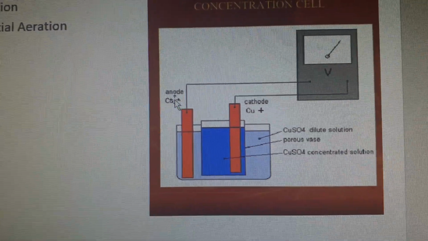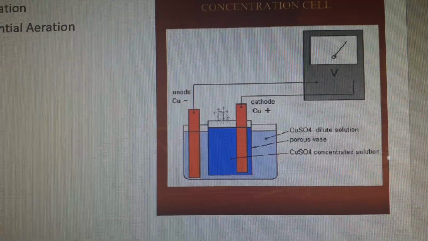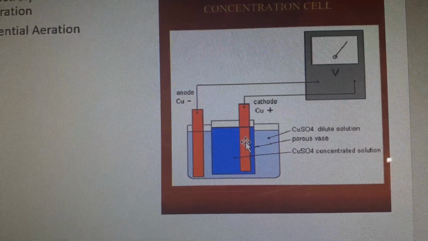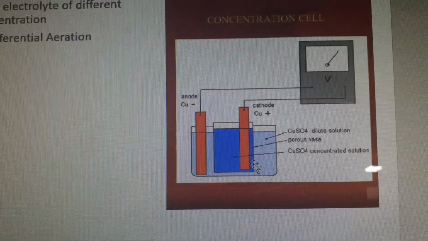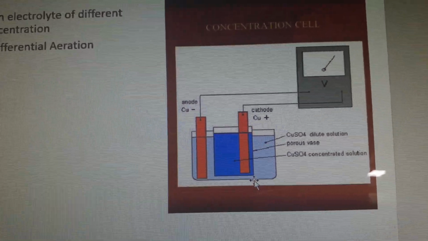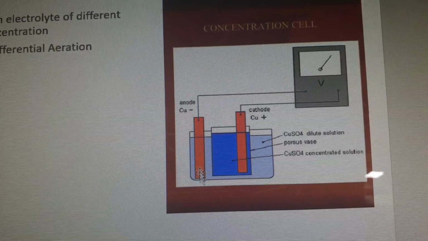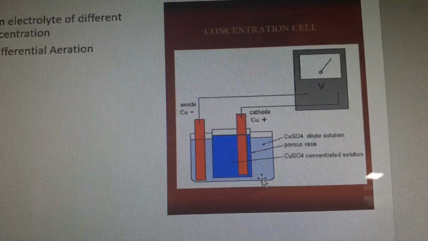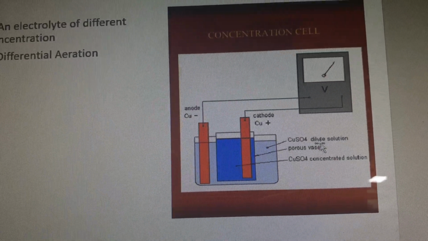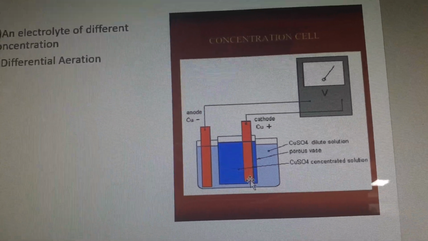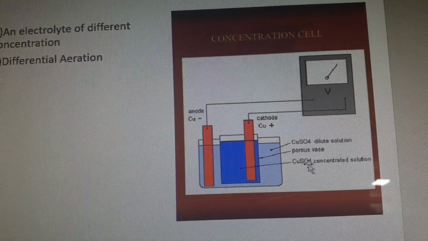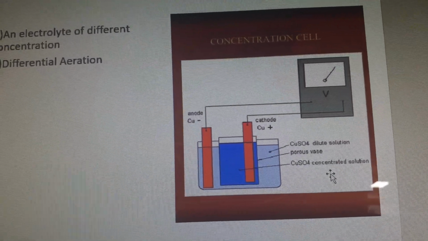So I have an anode made of copper and a cathode made of copper, and they are dipped in electrolyte solutions of different concentration. The anode is dipped in dilute copper sulfate solution, and the cathode is dipped in concentrated copper sulfate solution.